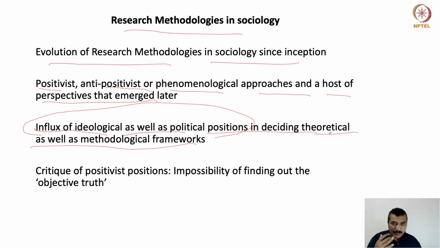Dalit studies, the Dalit argument, has its own. Gender studies has its own ideological as well as political positions. So a host of other disciplines and arguments have really made it much more messy. So now nobody vouches for the objectivity of a study.